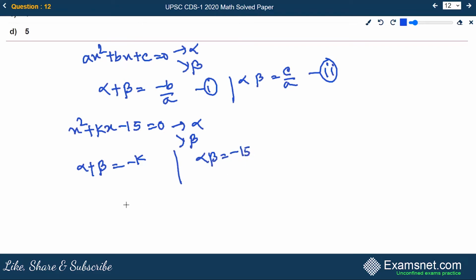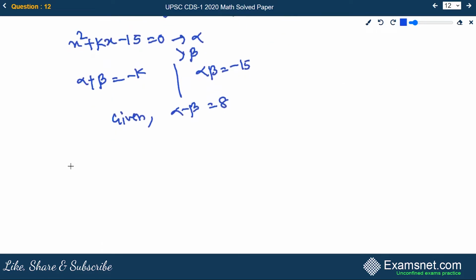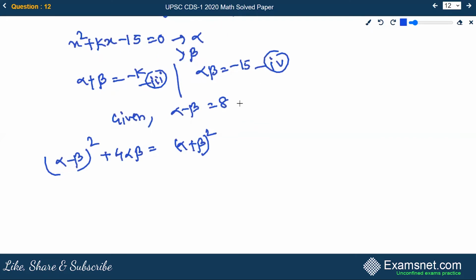Also it is given that alpha minus beta equals to 8. We are going to find the positive value of k. From algebraic identities, we can write alpha minus beta whole square plus 4 alpha beta equals to alpha plus beta whole square.